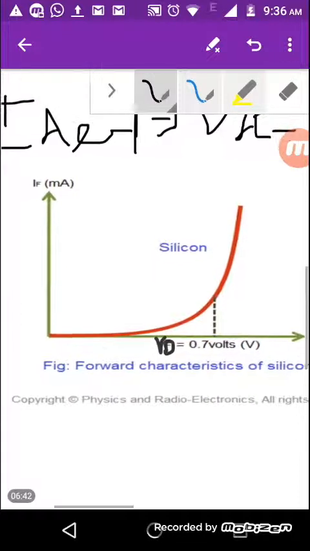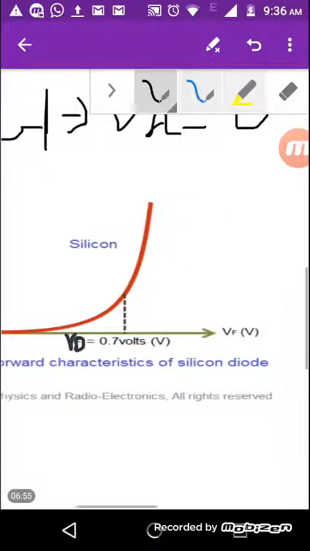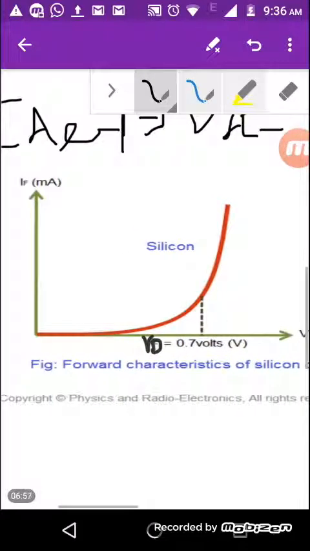Now this is the forward bias characteristics of a diode, also known as the output characteristics of a diode, which is between voltage and current. Voltage is in volts, and current is measured in milliamperes, because the voltage and current relation is so small in diodes that they are known as low power components.